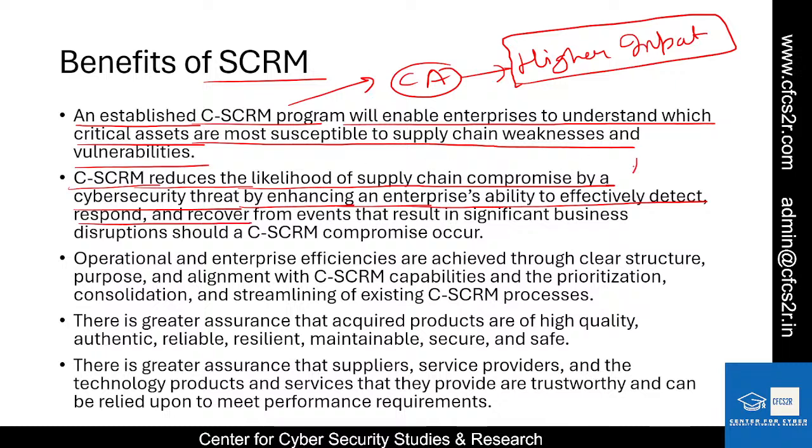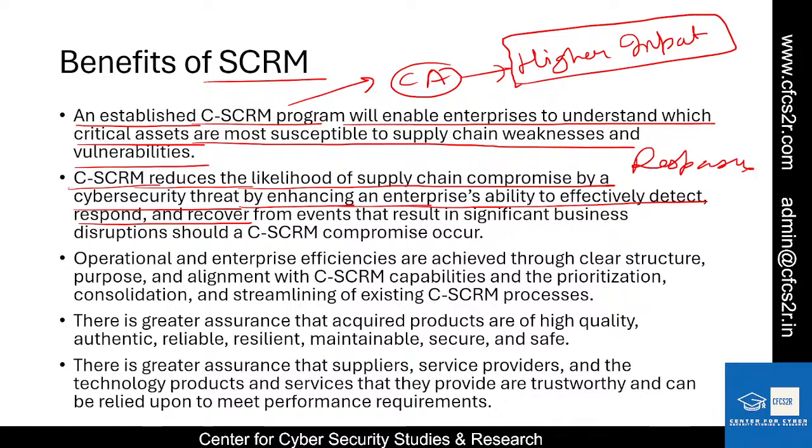So basically, response capabilities are improved. If you have supply chain risk management in your organization, then definitely the responding capabilities are drastically improved. Then we have operational and enterprise efficiencies, achieved through clear structure, purpose, and alignment with the CRM capabilities.